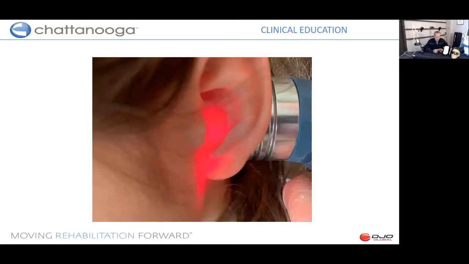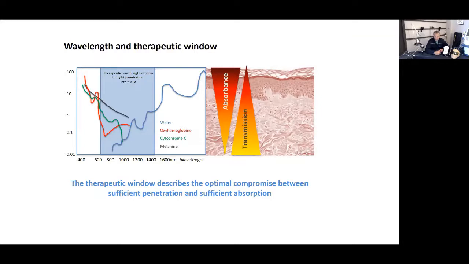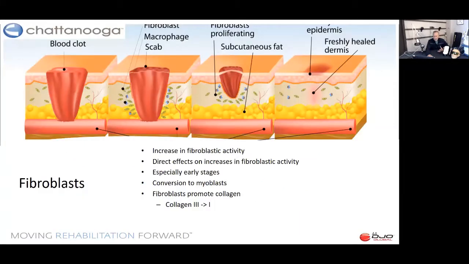So it's kind of interesting when people say it doesn't go through stuff. Very much so. And that was an LED at only 10 milliwatts, right? Which is significantly smaller.